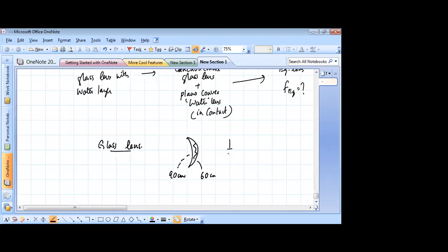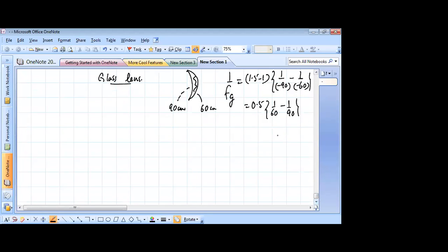So 1 upon focal length of the glass lens, let's say, is 1.5 minus 1, into 1 upon minus 90 minus 1 upon minus 60. That's 0.5 into 1 by 60 minus 1 by 90. That is 1 by 360. That's the power of the glass lens.